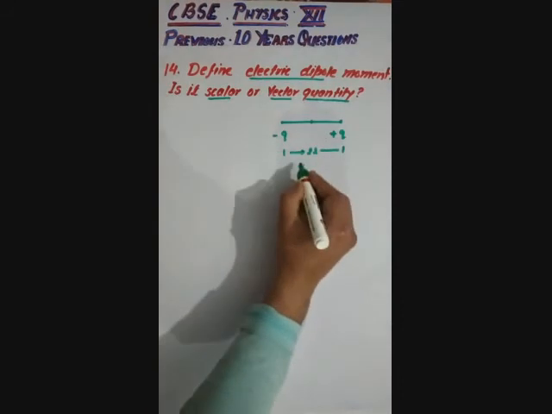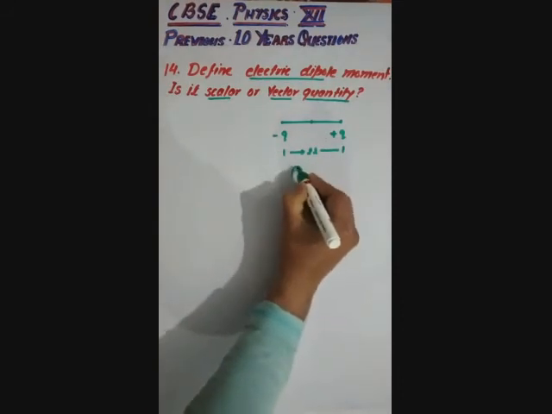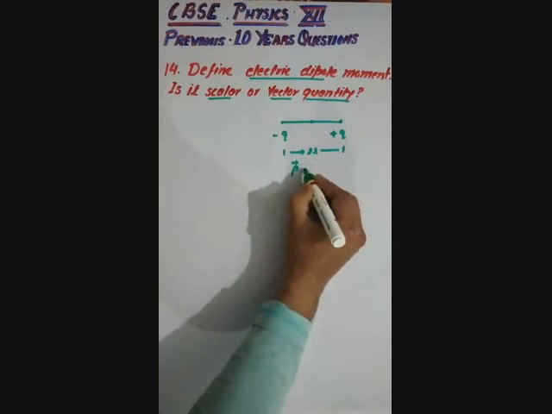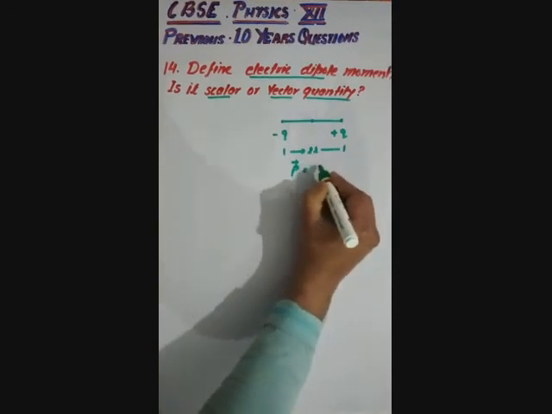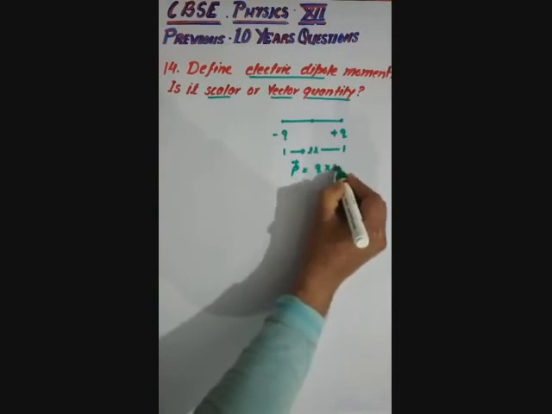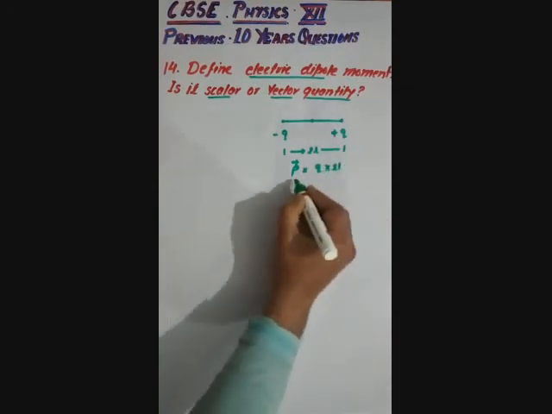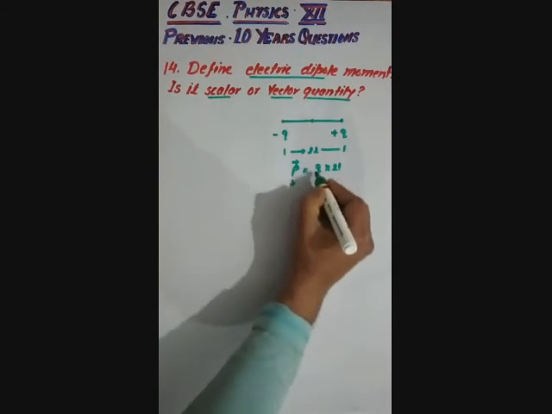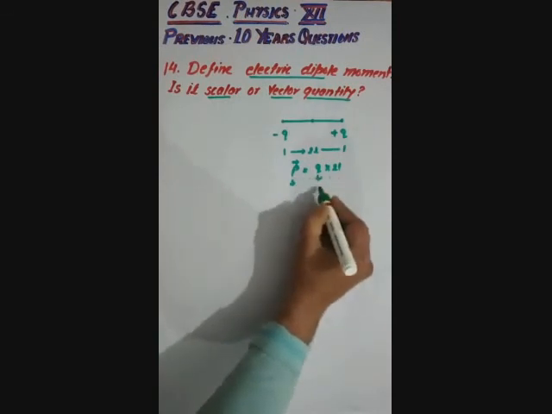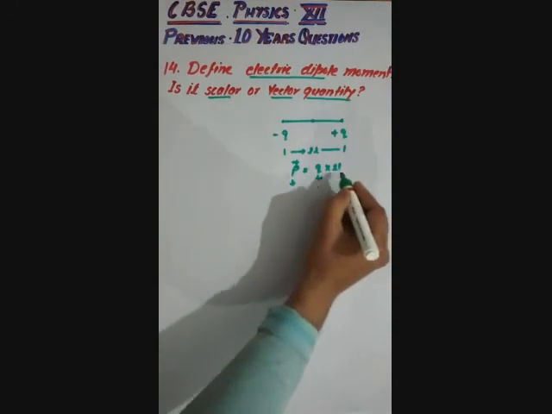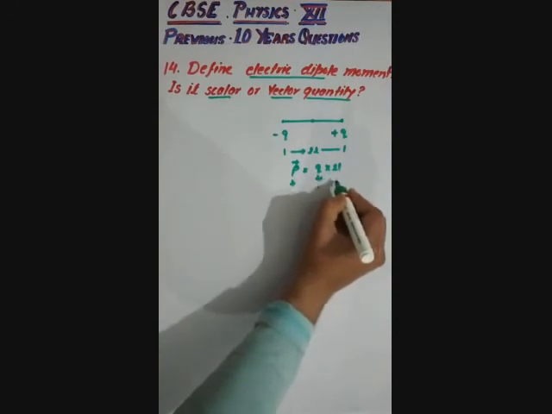Dipole moment is represented by P vector equals q times 2l, where q is the magnitude of either charge and 2l is the distance between them.